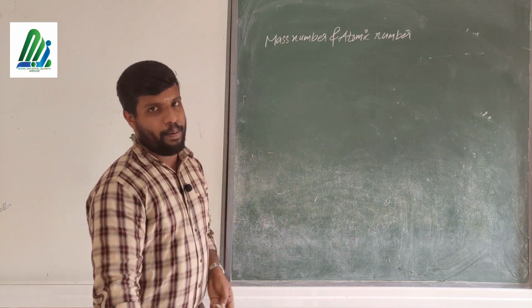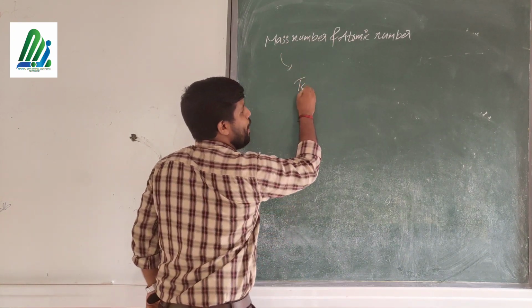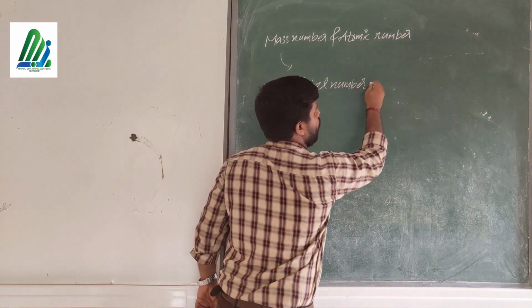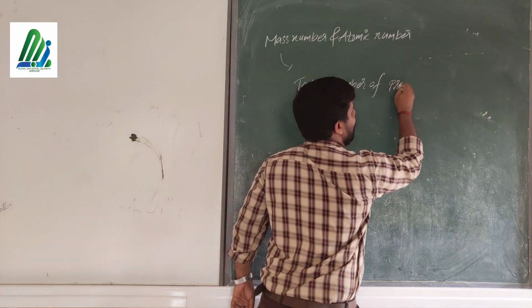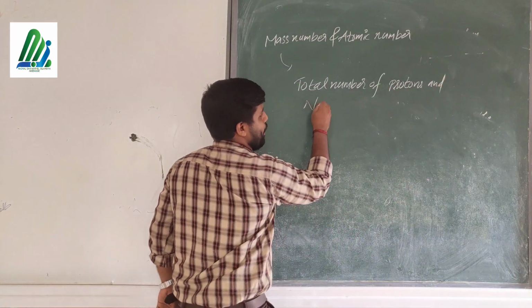This is mass number. Mass number is the total number of protons and neutrons in an atom.